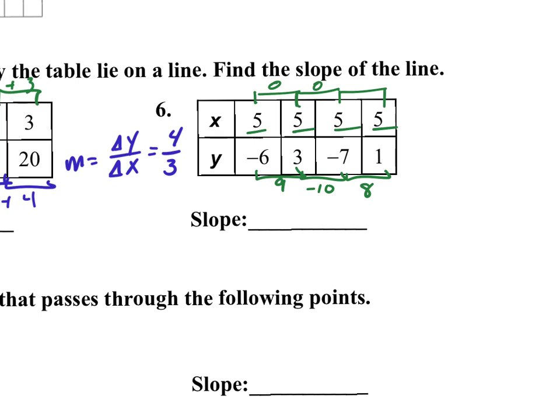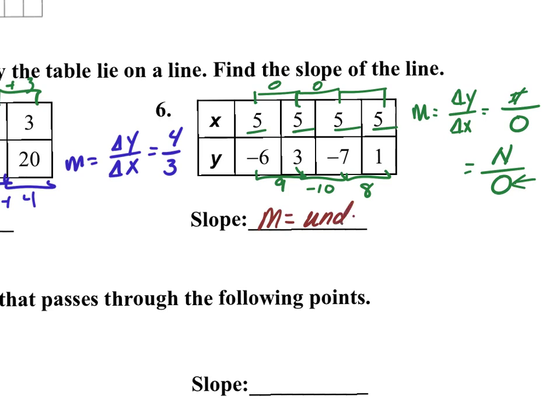So there's no real pattern in the y, but the curious thing is when you find slope, remember, it's change in y over change in x. But my change in x is 0, so I don't care what number is in the numerator. It's division by 0. Remember, we say you cannot divide by 0. Therefore my slope is undefined. Your calculator would just give you an error, or it'd say domain error.